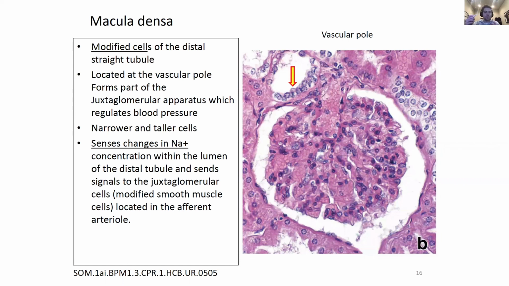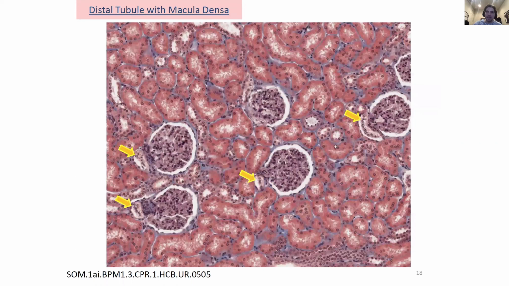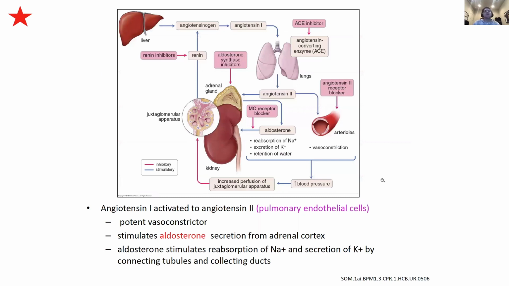So by recognizing the amount of sodium, it could kind of gauge how much water's in the body. And by doing that, you can take measures to keep water or get rid of water. So when we look at this picture, you can see it always lies next to the glomerulus, right? But it is part of the distal convoluted tubule, and it's going to regulate your salt-water balance. Super important slide.